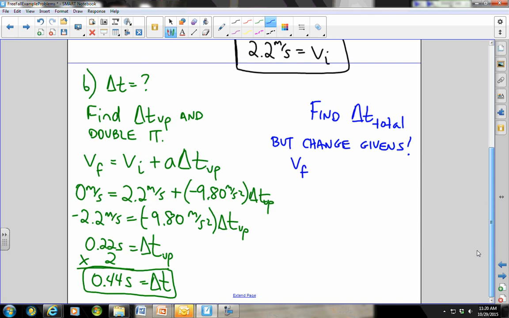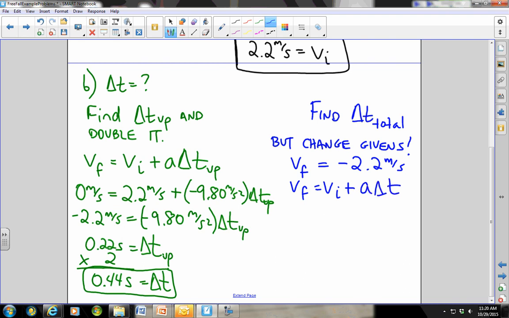That was in the notes. So you could just say, let's do the final velocity, and that would be negative 2.2, just opposite of what the initial was. And then you can do the same equation, but you'll get the total time and not have to double it.